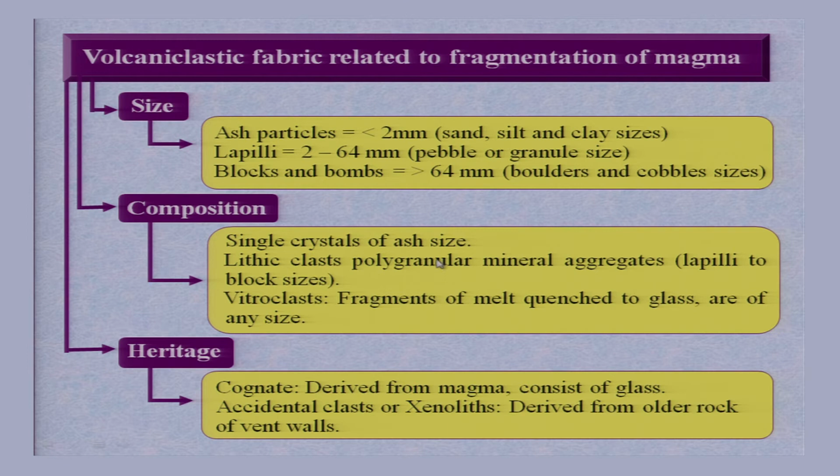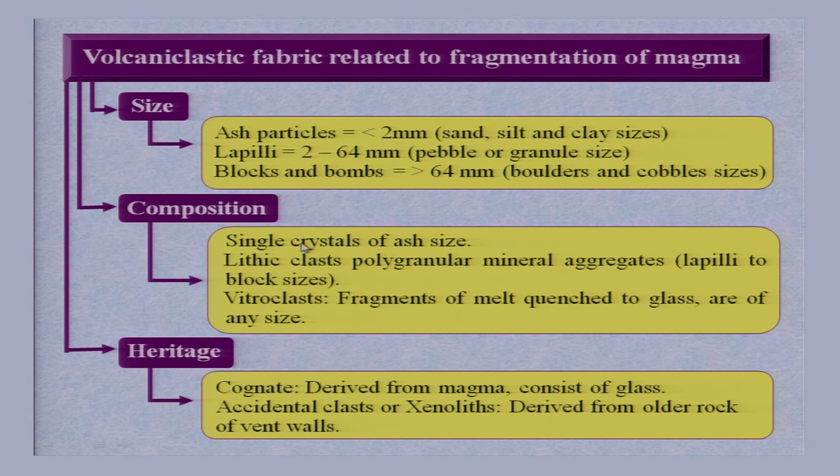The second basis of classification is composition. Single crystals of ash size, lithic clasts, and polygranular mineral aggregates, where more than one mineral grain is clubbed together and forms an aggregate. Lapilli to block size: the lapilli size is also there and the block size particle is also there. So, definitely their composition is of different types.